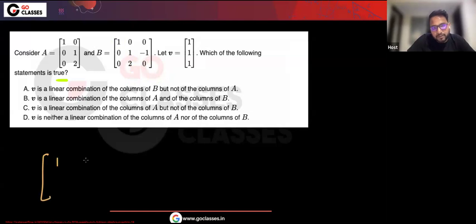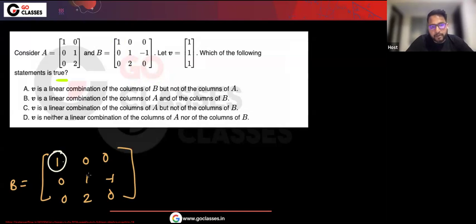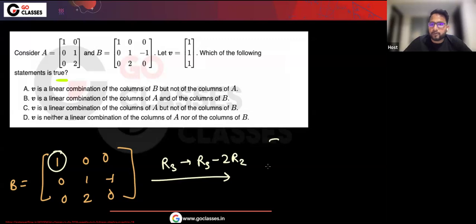So see, this is 1 0 0. Okay, I'm writing matrix B. Okay, this is 0 1 minus 1. This is 0 2 0. Okay, so this is anyway a pivot. Now if you just replace this R3 by R3 minus 2R2, then what will you be getting?